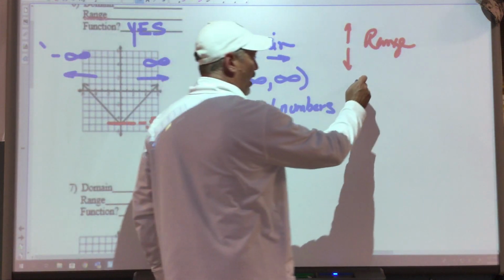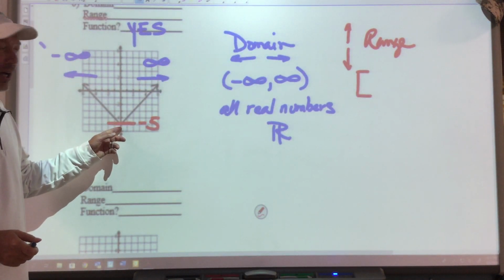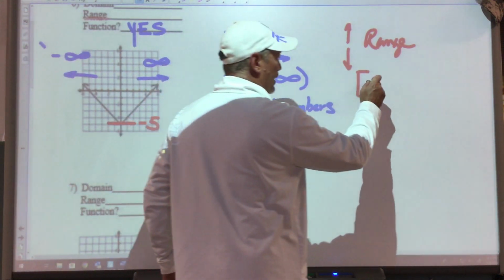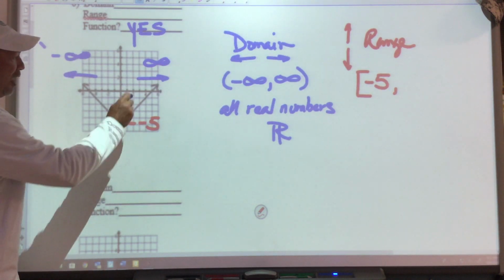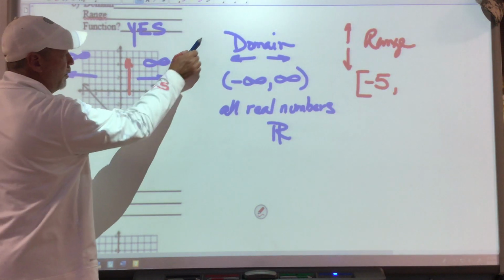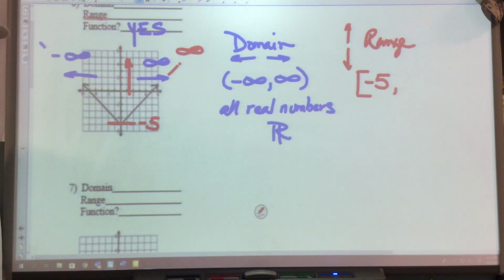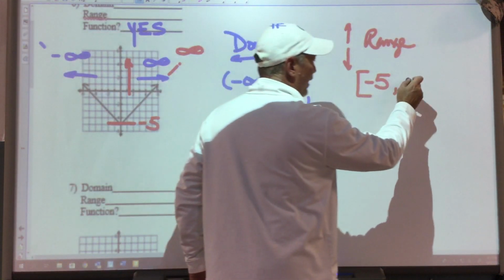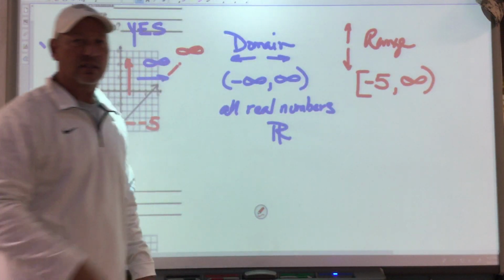So since I make contact, that's a hard bracket because I make contact with that line at negative 5. The question is, how high do I go? Well, even though it's at an angle, I go up forever. So we go from negative 5 to positive infinity. Infinity always gets a soft bracket.